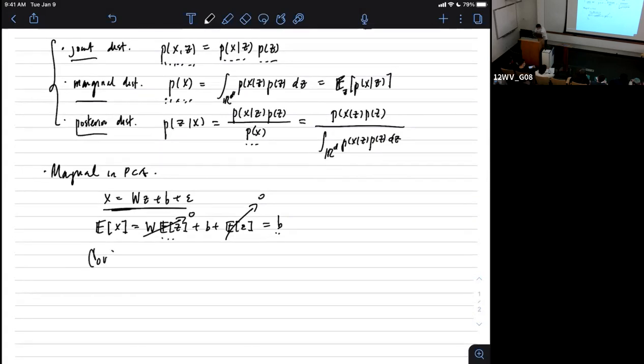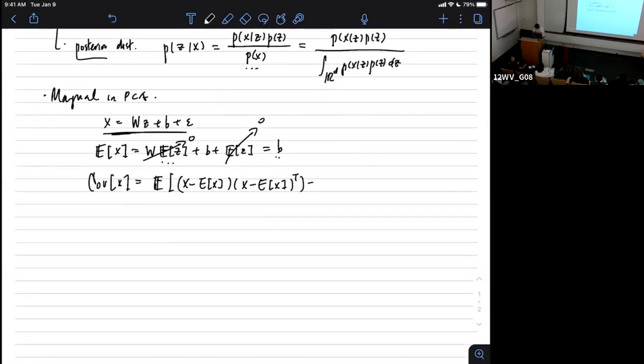Now let's compute the covariance. So what's the covariance of x? The covariance of x is the outer product of the centered x. And this can be written down as the expectation of wz plus epsilon, times wz plus epsilon transposed. So where did the b go?